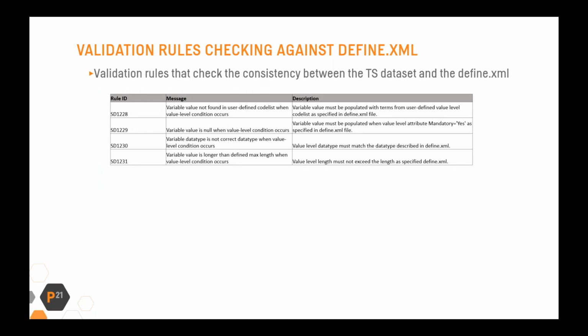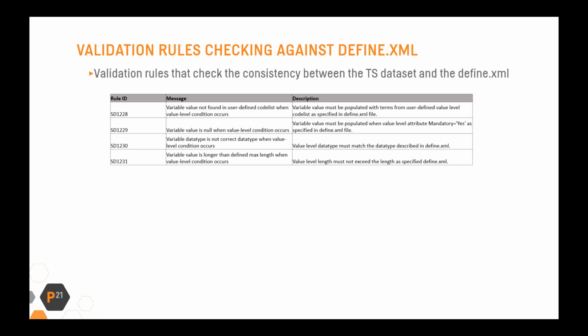And then our last category for our validation rules for trial summary, we do have rules that check the consistency between what's in the TS dataset and the defined.xml. SD 1228 is saying that it can't find the term in your defined.xml for a specific parameter, but it is in your dataset.